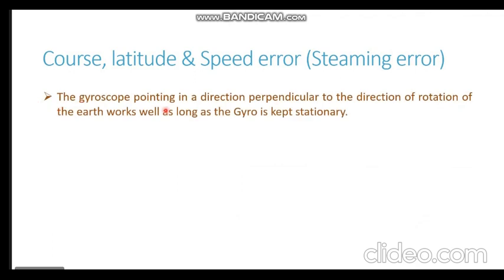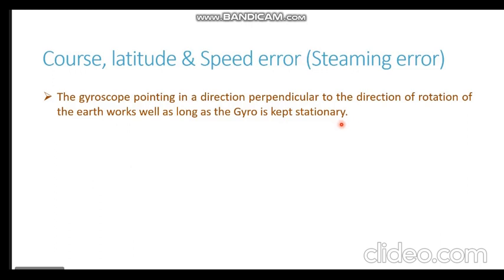Now the gyroscope pointing in a direction perpendicular to the direction of rotation of the earth works very well as long as the gyro is kept stationary. The gyro is not moving, the gyro is kept stationary.